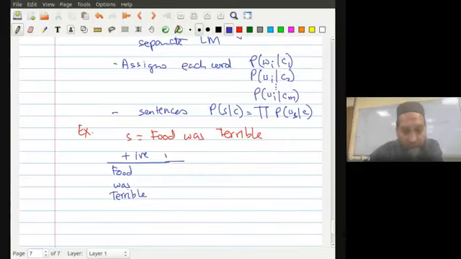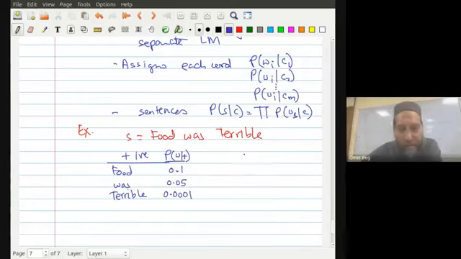The probability of each word appearing in the positive class: food appears with a probability of 0.1, was appears with 0.05, and terrible appears with probability 0.0001.